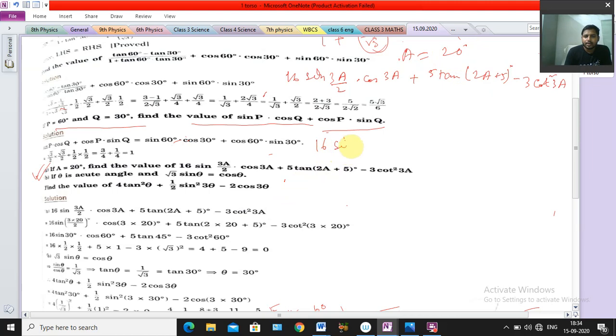16 sin 3A, so 3 into 20 degree by 2, okay, into cos 3 into 20 degree. Direct also we can do it, no problem, that one. For understanding I am writing that one. If you understood that one, that is better, no?